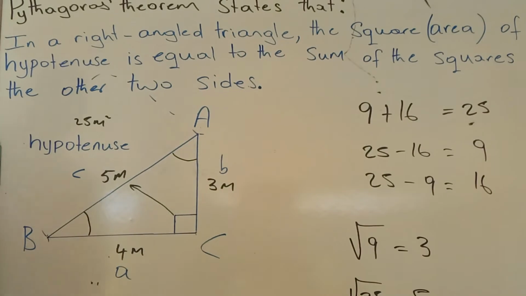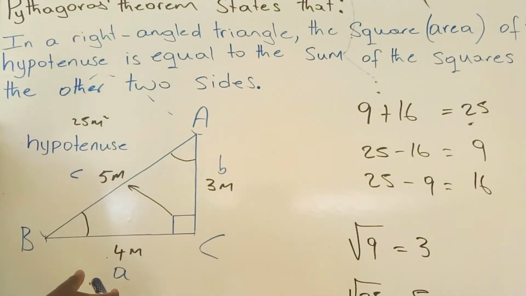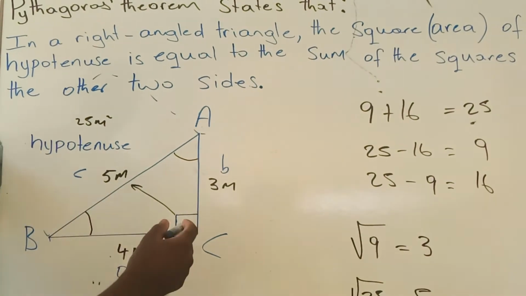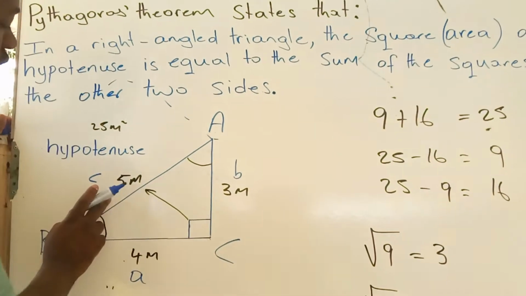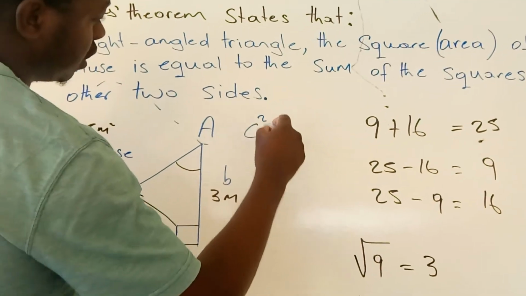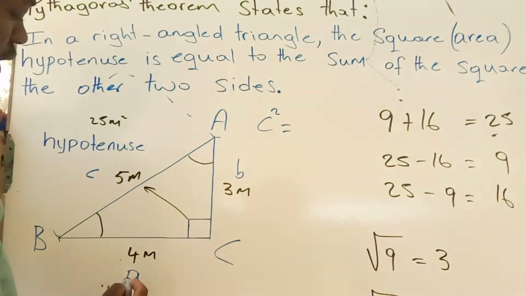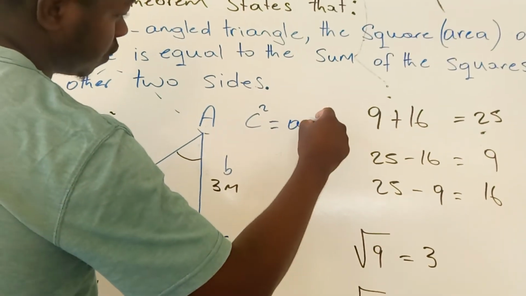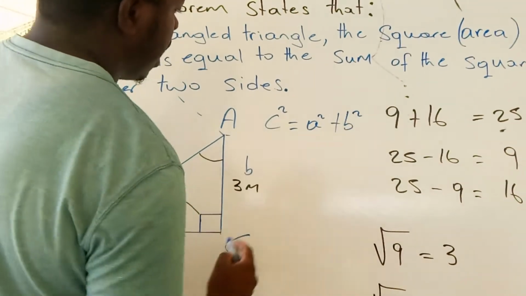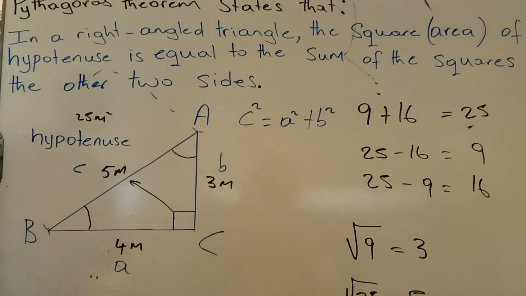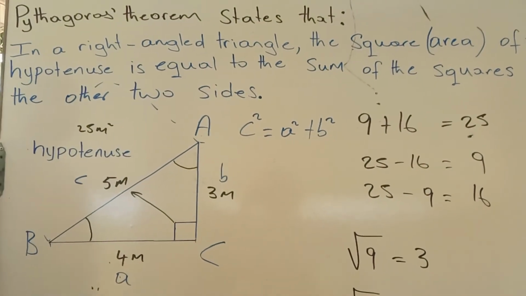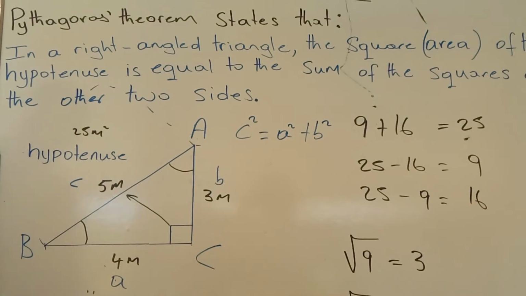Now we can apply the same relationship to variables. Here clearly we can see that C would be the hypotenuse and we're squaring. So C squared is equal to A squared plus B squared. And that's how our mathematician came up with the formula for the Pythagoras Theorem.